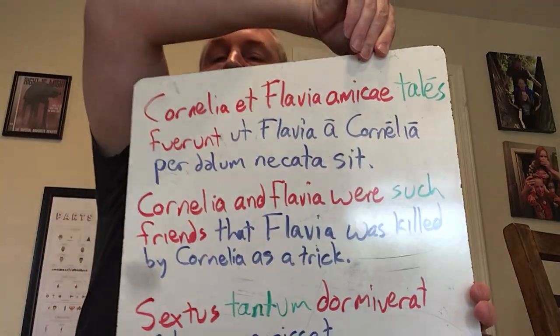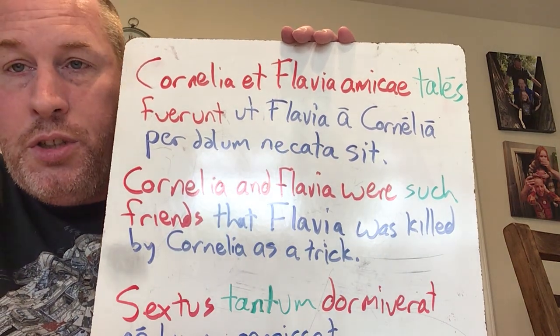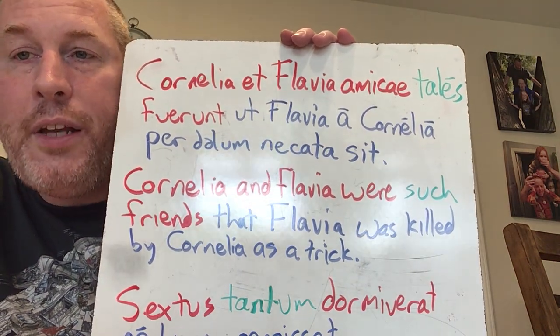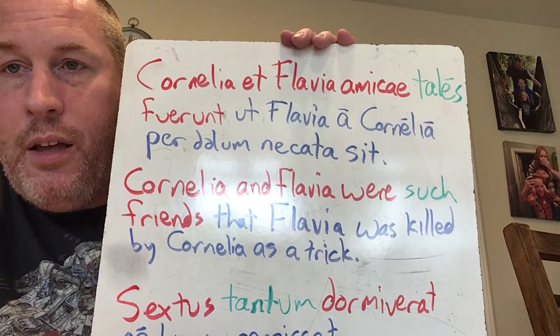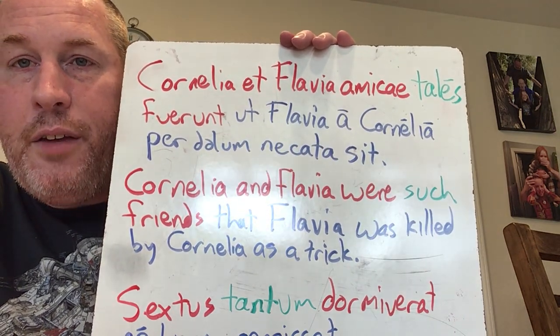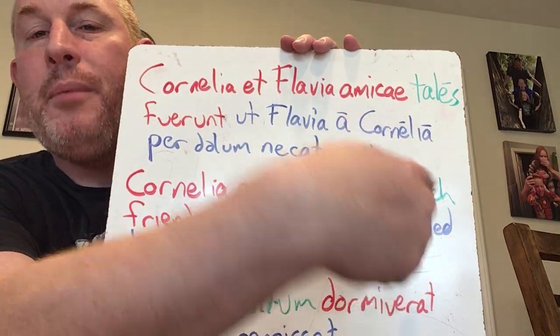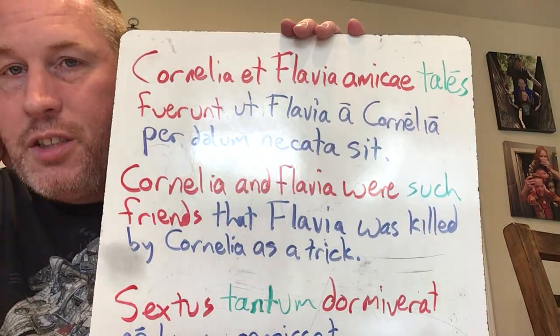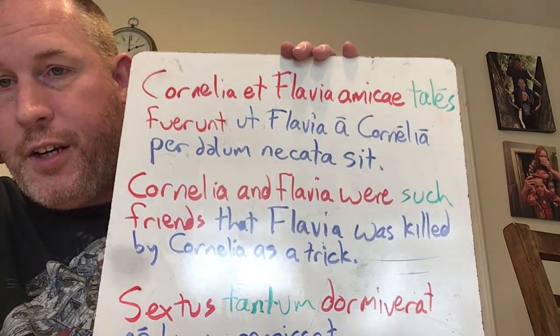Cornelia et Flavia amicae tales fuerunt ut Flavia a Cornelia per dolum necata sit. As you can see, I put the degree word in green this time. Every time you see a green word, you know that's a degree word. I do apologize for the lighting in here; I know it's got a bit of a glare.